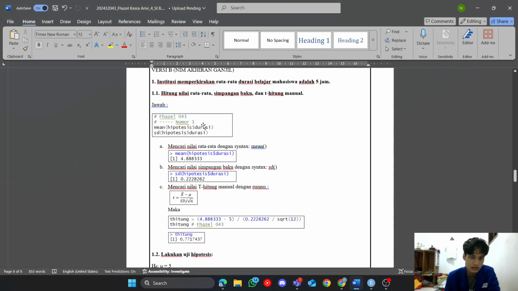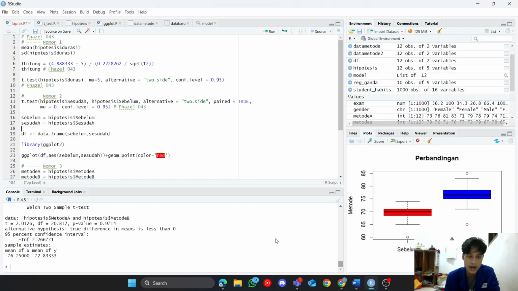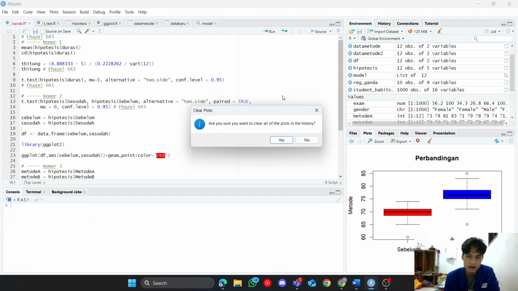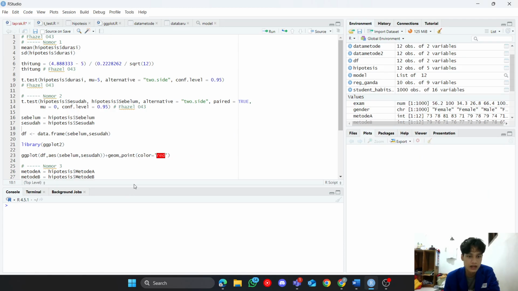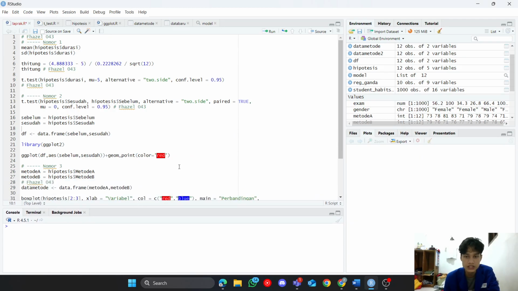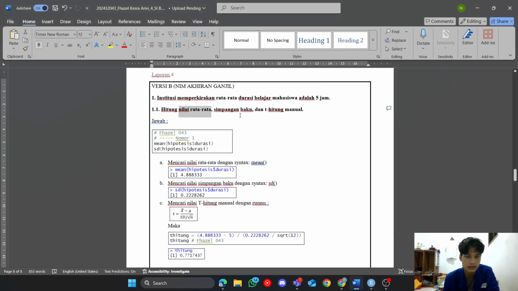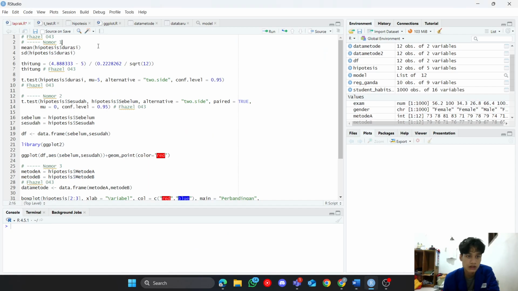So the first thing we need to do is open our RStudio. Here I have opened RStudio, and I already made the script before. So the first thing, determine the mean and standard deviation. We use the syntax of mean and the variable we want, and then SD and the variable.